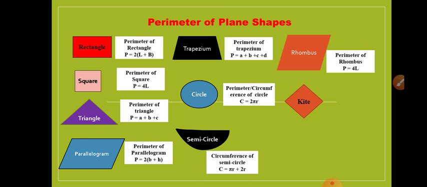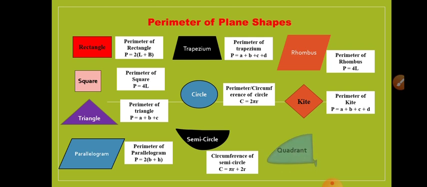As you are looking at it, it is possible that the sides are not all equal because the diagonals are not equal. What we just need to do is label it A, B, C, D, and have A plus B plus C plus D to get the perimeter of that kite.